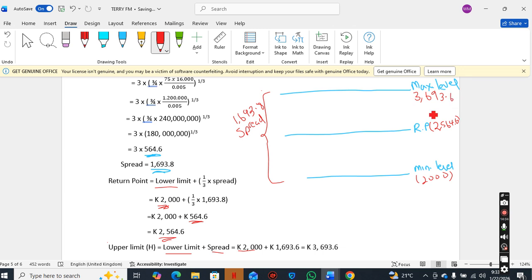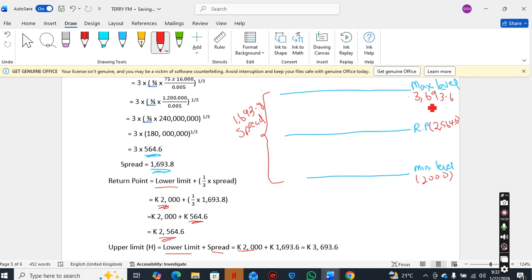Now let me illustrate this diagram which I've shown here. If your money reaches this amount, 3693.6, I said the extra amount you have to invest, you have to buy marketable securities.